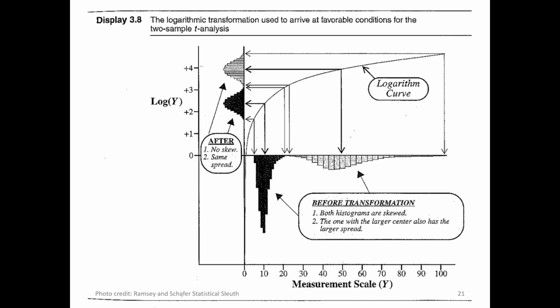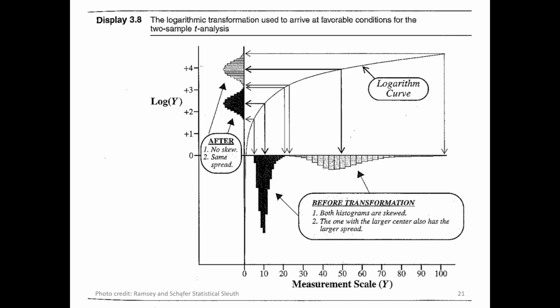So here we have the data. If you look at the horizontal line through the middle of the figure and the distributions that are dropped below it. So before, both histograms are skewed. The one with the larger center also has the larger spread. All right, so then we log transform it and look at the distributions now along the y, and there's no skew and they have roughly the same spread, right?